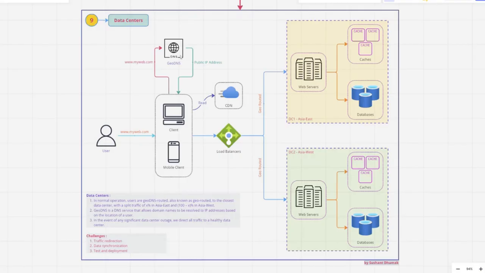That means if the user is routed to, suppose, the data center at Asia West, then depending on what percentage of users are routed to Asia West, accordingly, based on user location, the other users will be routed to Asia East. So these are all keeping balance between multiple data centers.